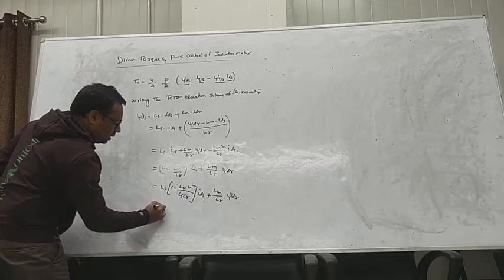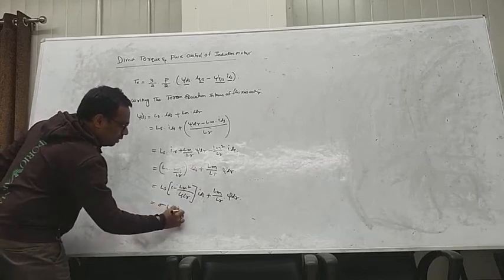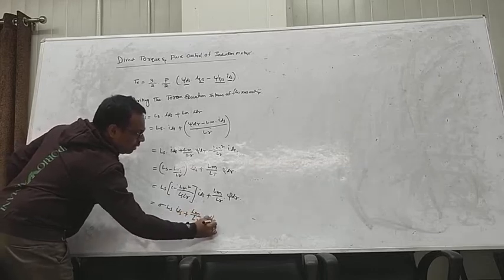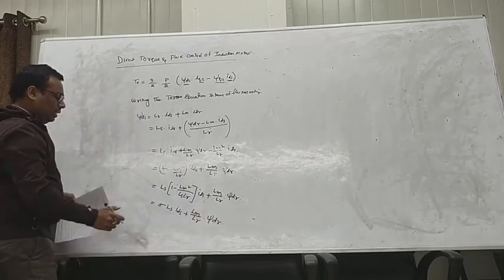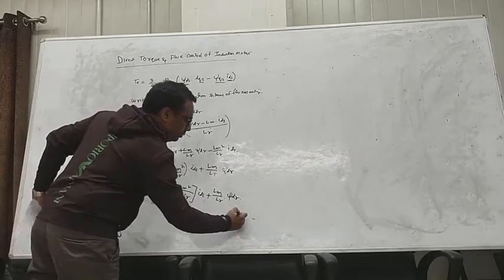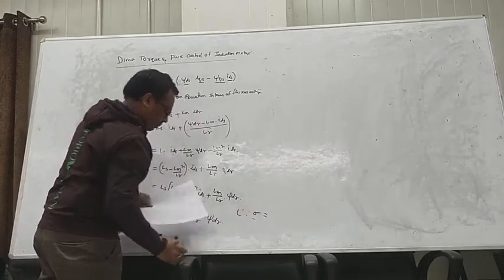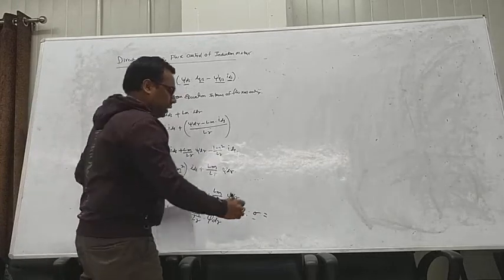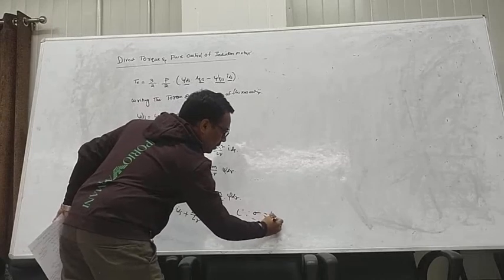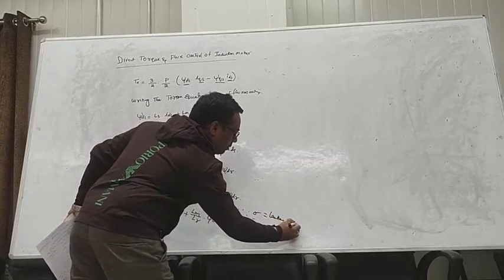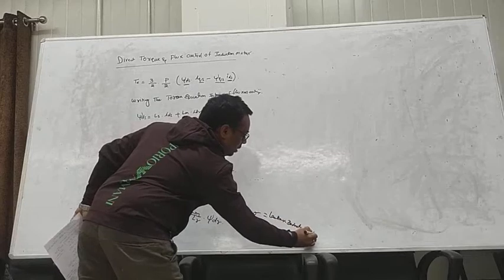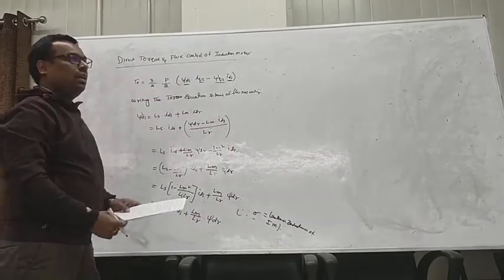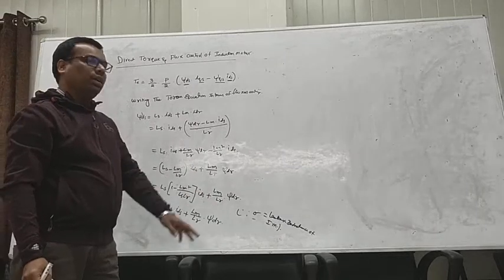So that is sigma Ls into IDS plus Lm by Lr into psi dr, where sigma is the amount of leakage inductance of the induction motor.